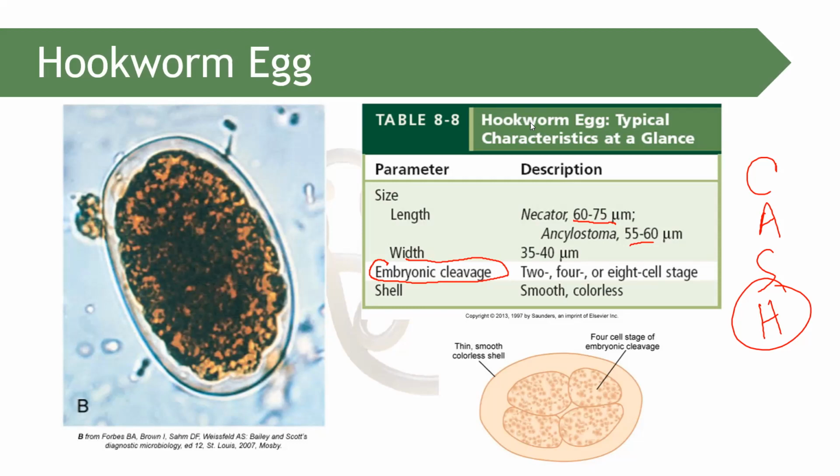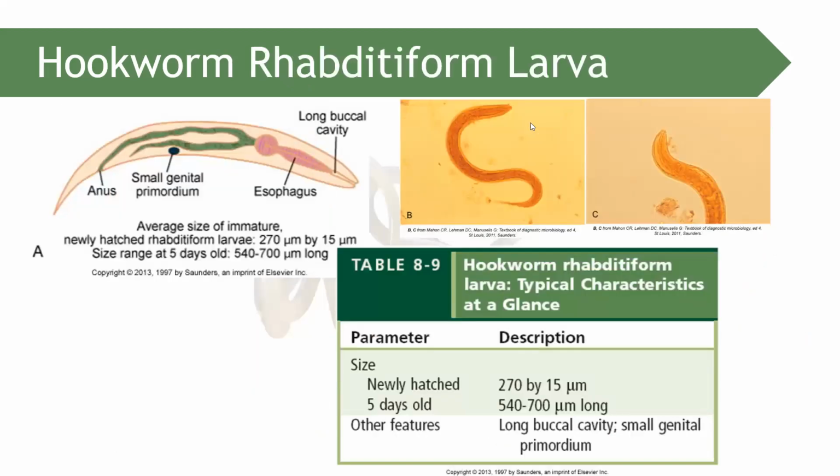Now, we have here your Rhabditiform. Again, Rhabditiform is the early larval stage for our nematodes. Usually 270 by 15 micrometers and 540 to 700 micrometers long. Okay, the 5-day-old hatch Rhabditiform.